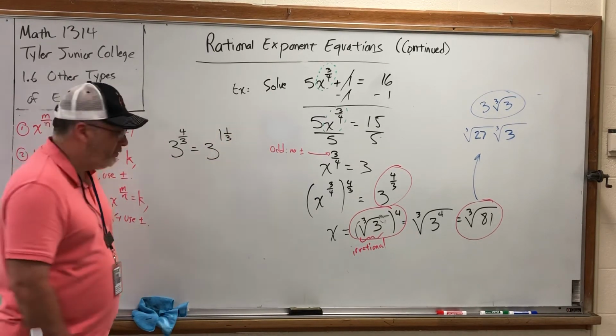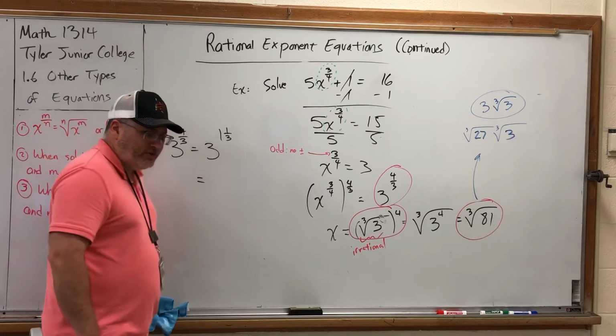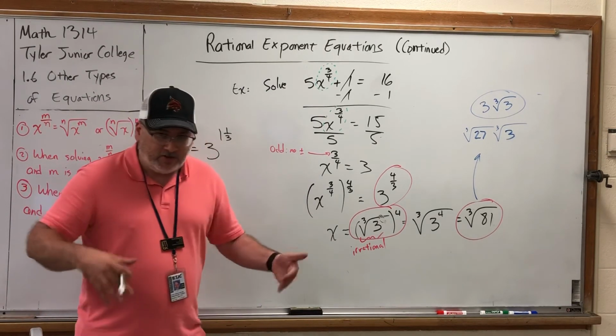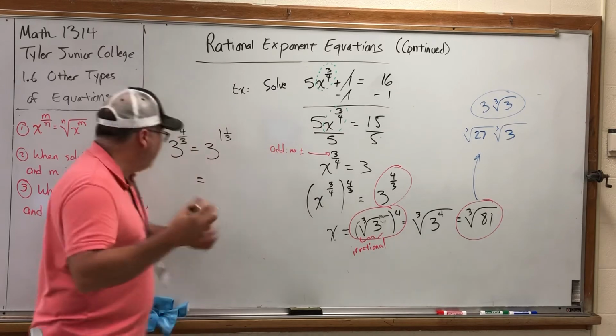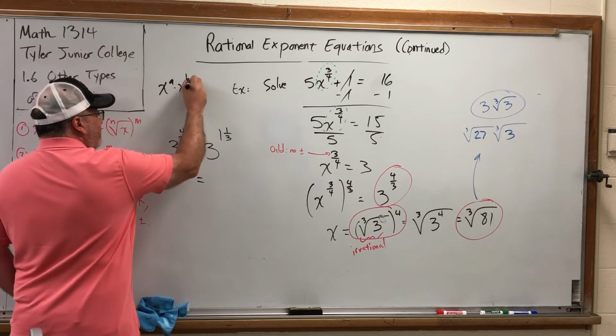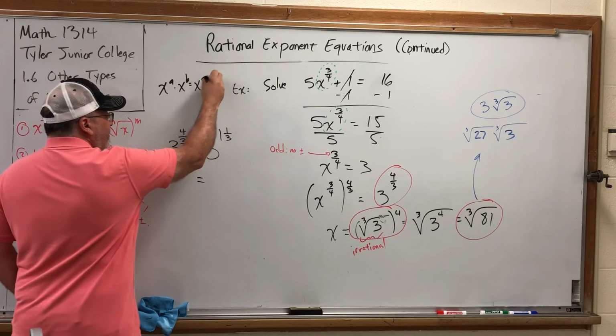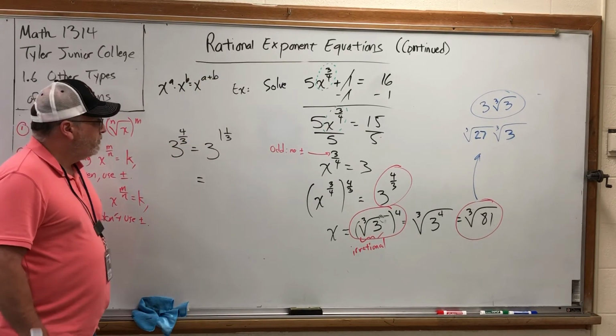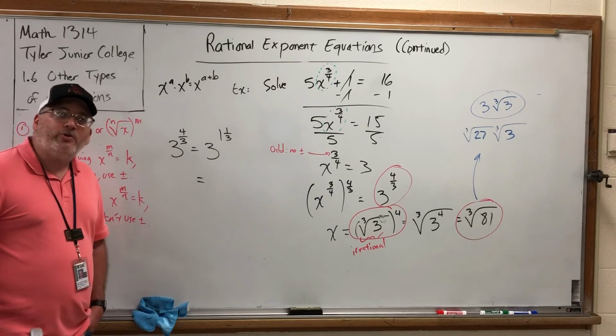I can. And isn't there an exponent rule that says x to the a times x to the b equals x to the a plus b? There is. But any rule you can do forward, you can do backwards.